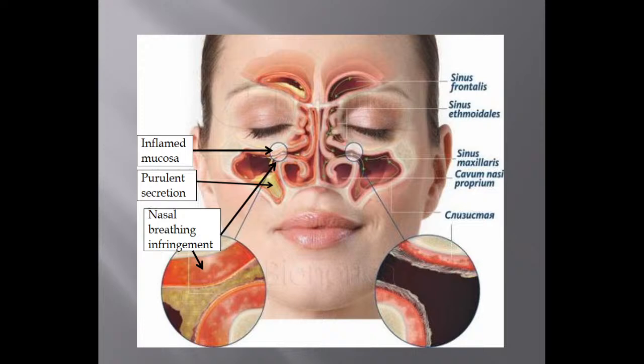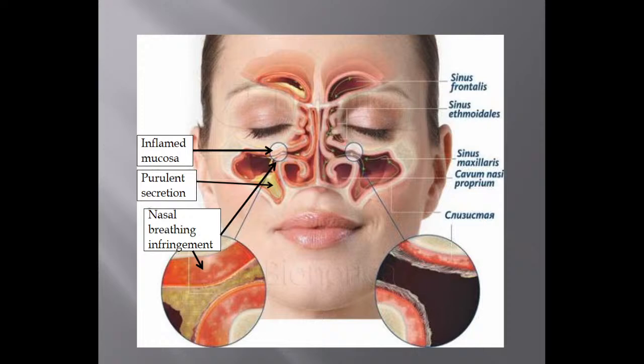How to do this test? You have to ask the patient to pinch the nostrils with the fingers and open the mouth, and then gently blow through the nose. It's impossible because the nostrils are pinched.